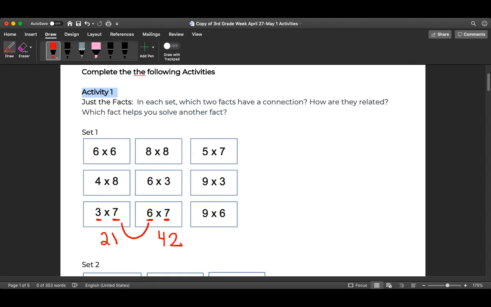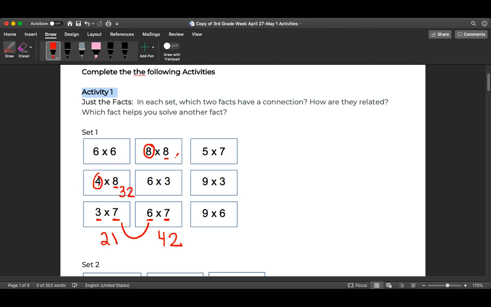Another connection that you might pick out could be that same sort of connection here with 4 times 8. 4 times 8 equals 32. And if I double 4, I get 8. And I'm still multiplying by 8. So I've doubled the first factor.